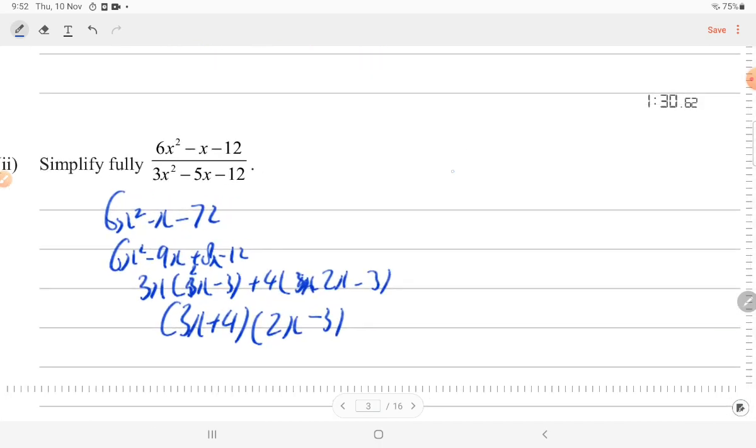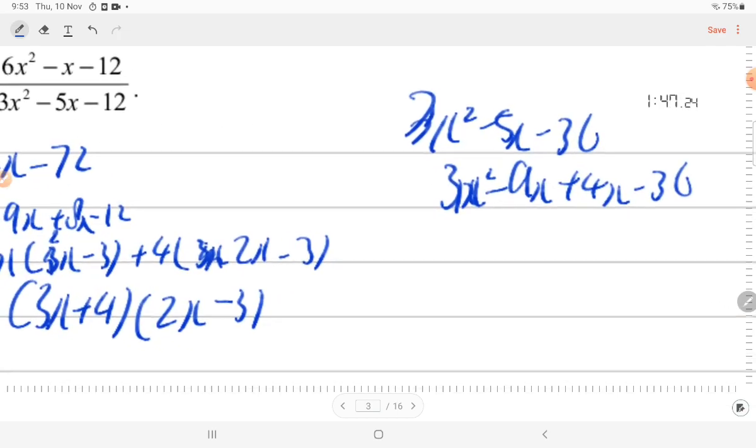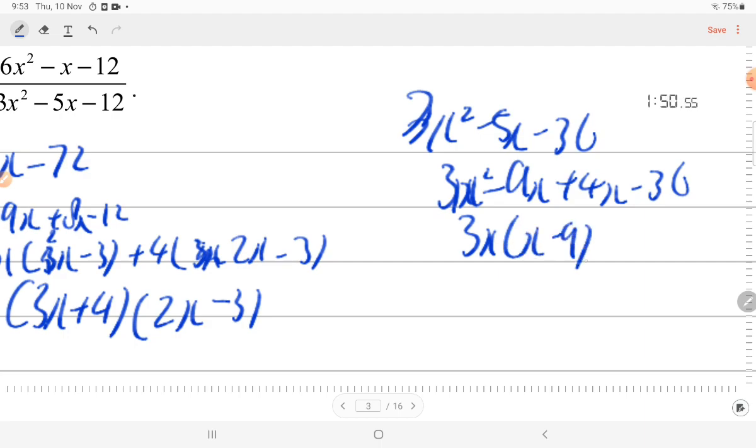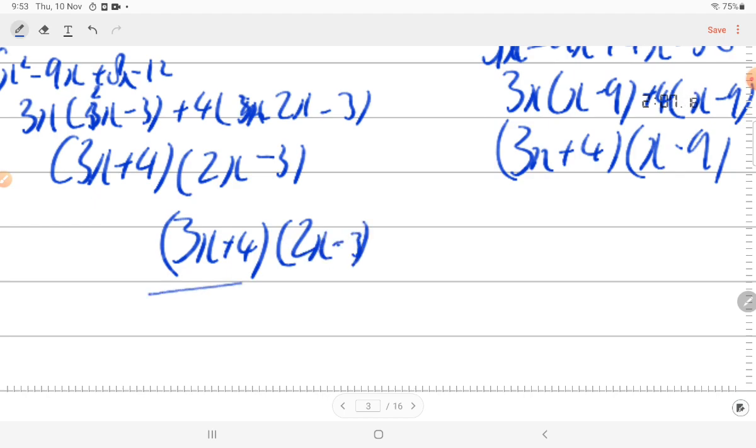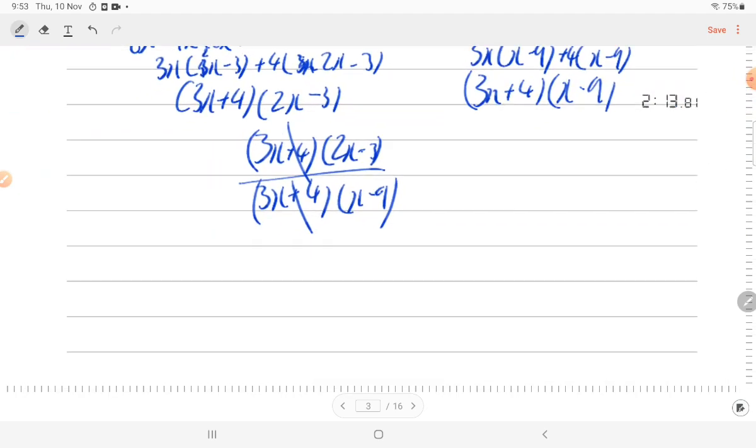And then x squared minus 6. 3x squared. So 3x plus x minus 9 cancels. Just equal to 2x minus 3 over x minus 9.